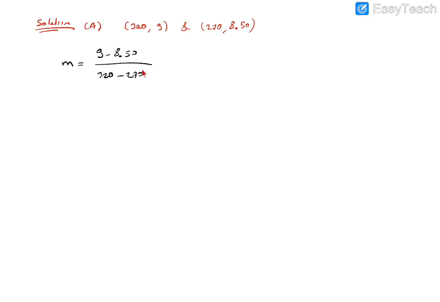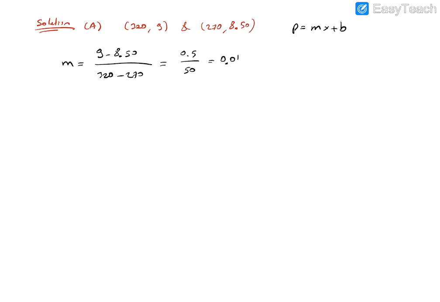So this is the slope of the price supply equation. What is this value? 0.5 over 50, which is 0.01. So this is the slope of the price supply equation. So m is 0.01.